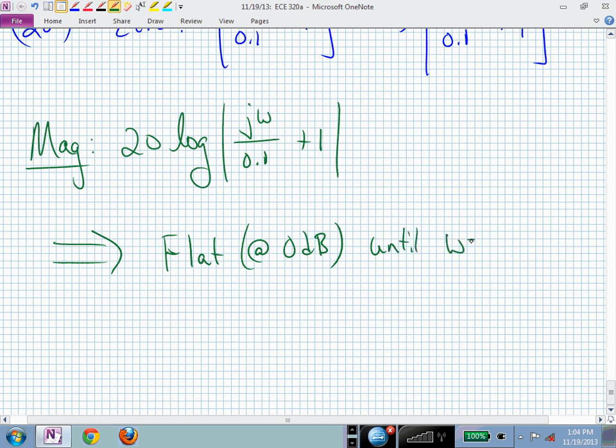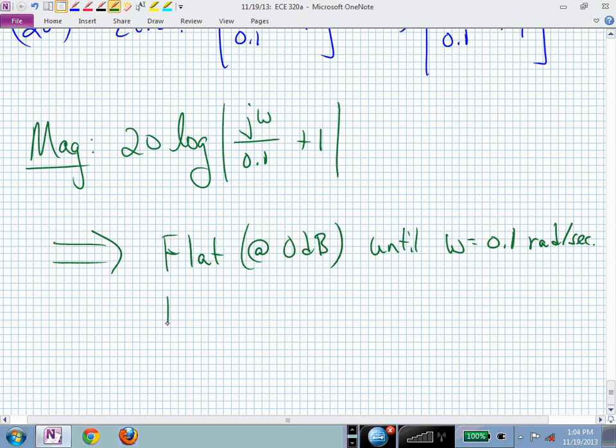Until omega equals, we're going to say, until it gets all the way to the break frequency. And that's when we start worrying about its change with omega. So we not only went from really small, which was 0.1 omega, but we went all the way up to omega, and then we'll intersect that with what was really happening at high frequencies of omega.